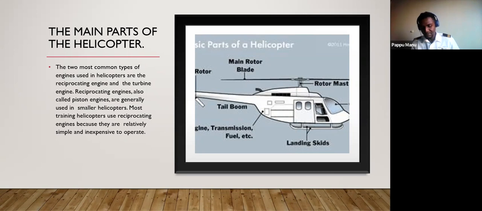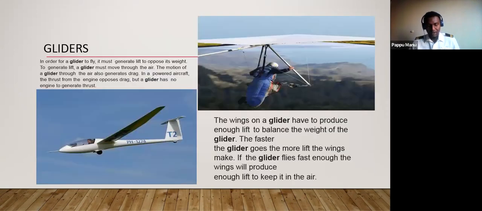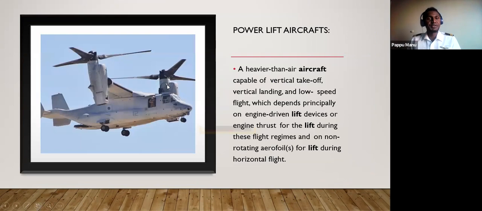Okay, so then we moved back to our main gliders. They have no engines, so they glide through the air. All right. So once you're finished with gliders, we went to power lift aircrafts. These use a machine to lift them up. Okay, once they are up, they have the basic workings of an aeroplane, and they use the same engines that took them up to now continue flying in the air.